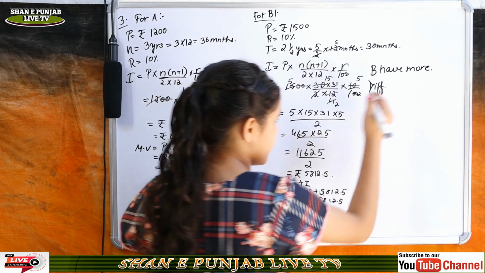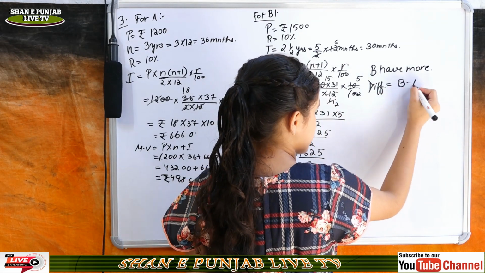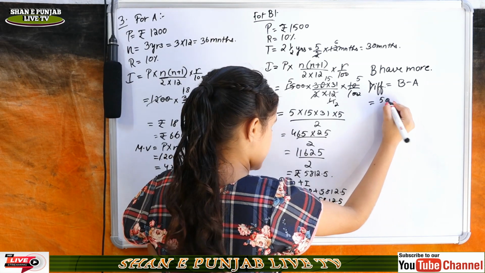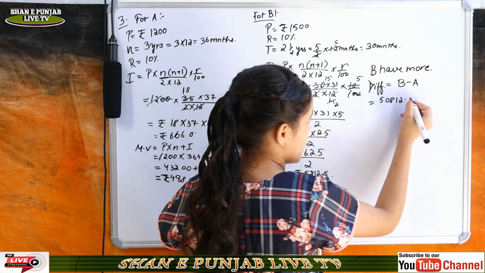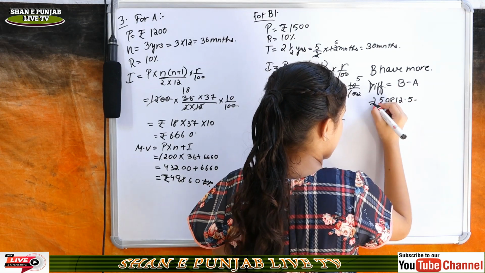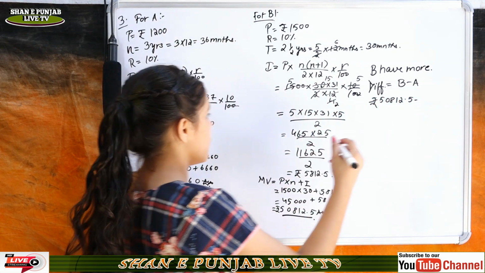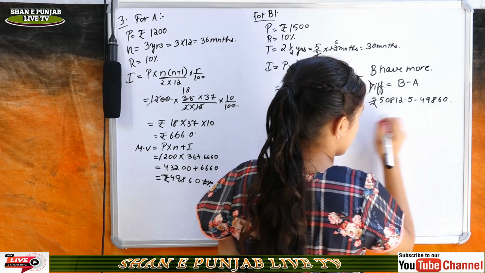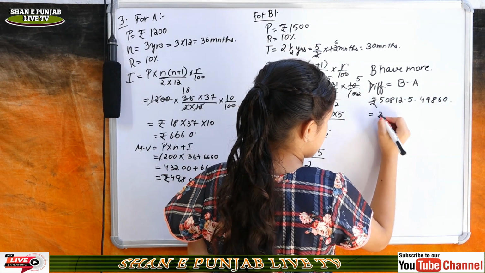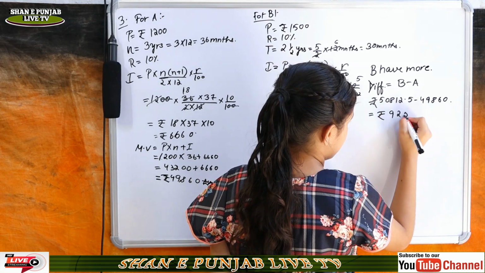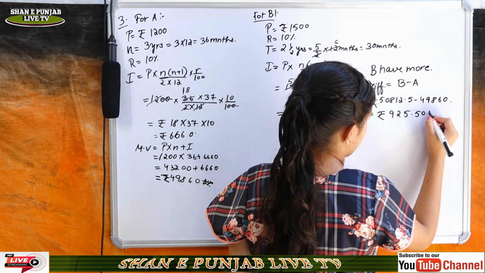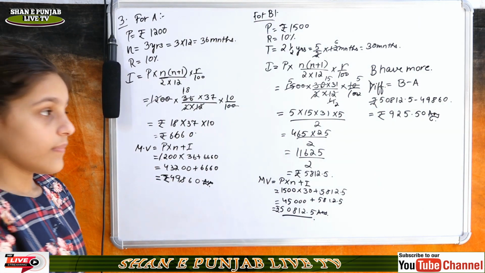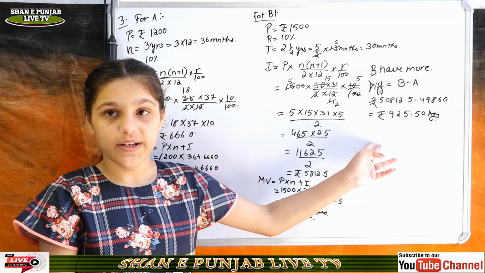For difference, B is more, so B minus A. 50812.5 minus 49860. After doing calculation, we'll get 925.50, that we get as our answer.